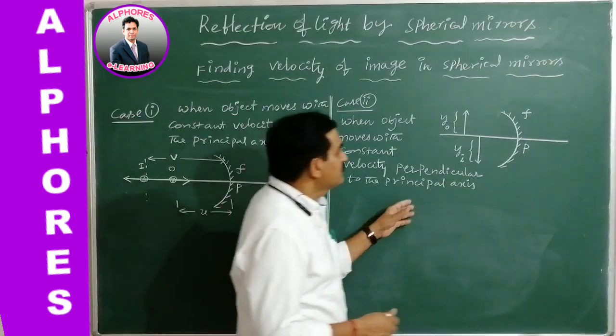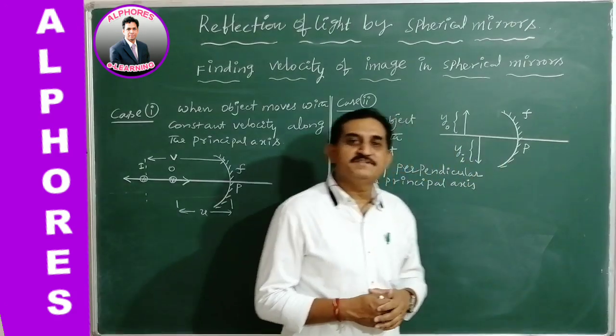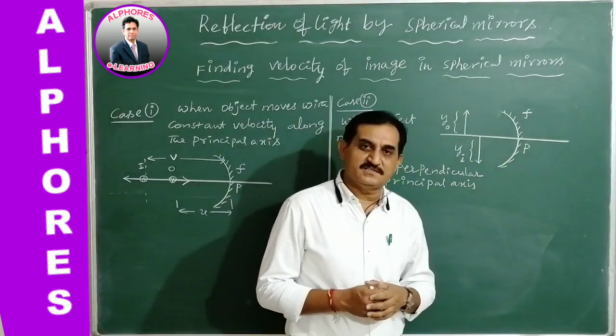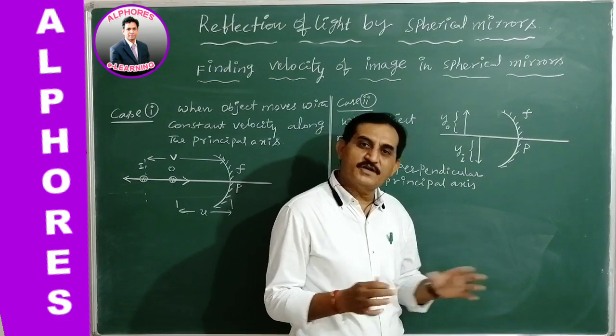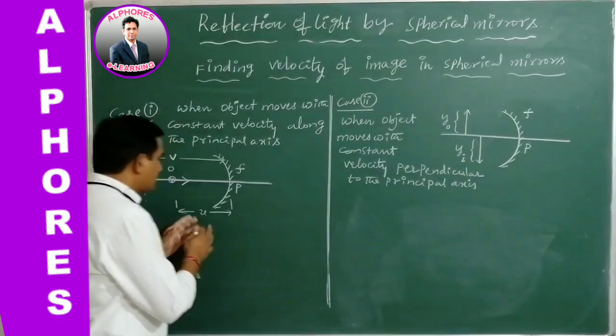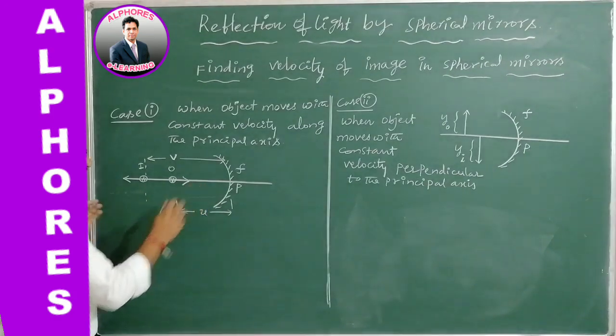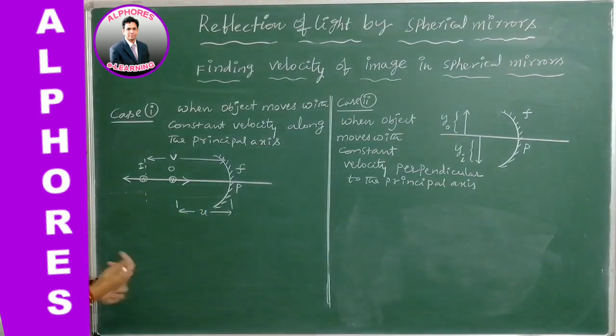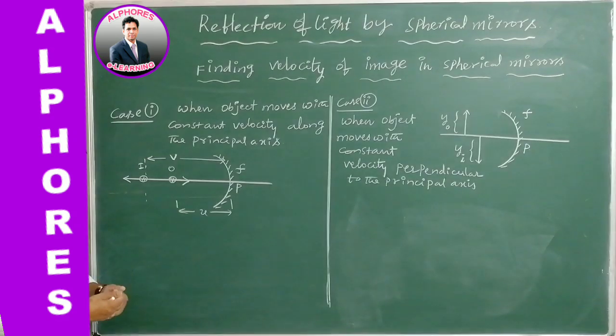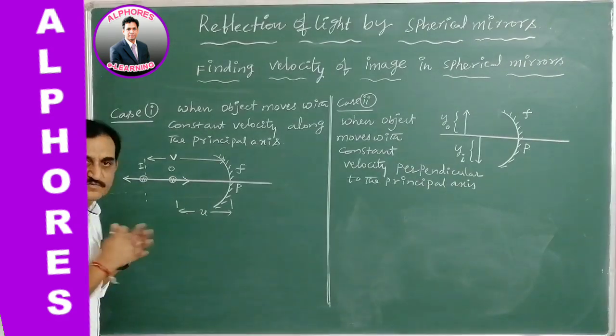And the other case gives the other component of velocity, which is perpendicular to the principal axis. Okay, right. For the first component, which is the component of velocity along the principal axis, how do you derive this formula? What is the basic point we take into account in order to get that formula?